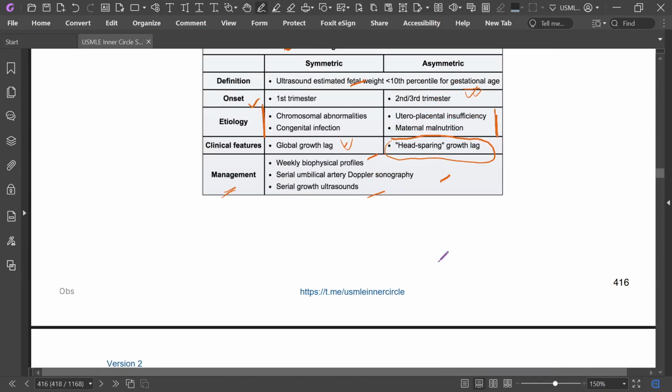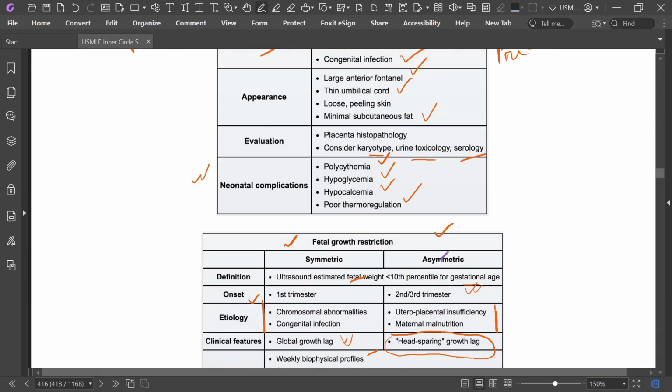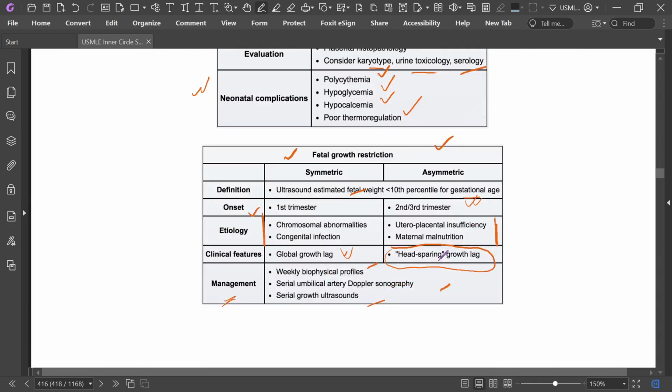So for fetal growth restriction, remember fetal weight less than 10th percentile for gestational age, and you have to look at the trimester according to the etiology.